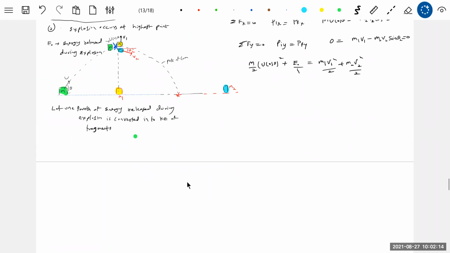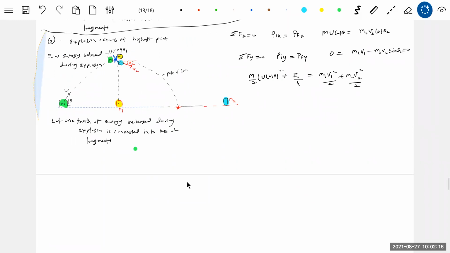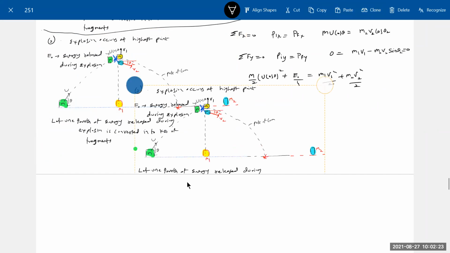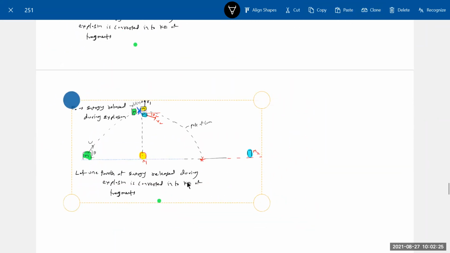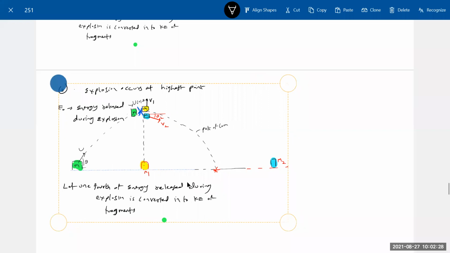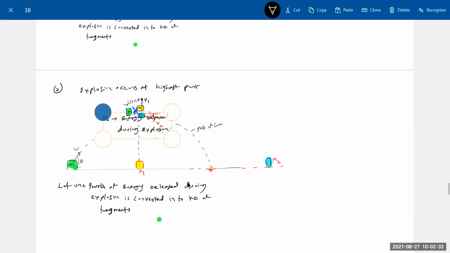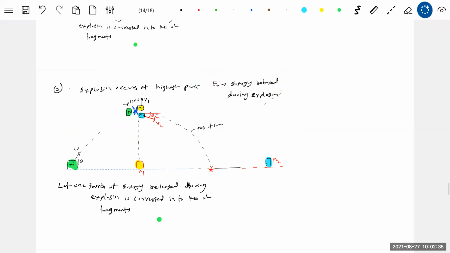Okay, I'll bring one more. It can happen that this V1, let me adjust this.